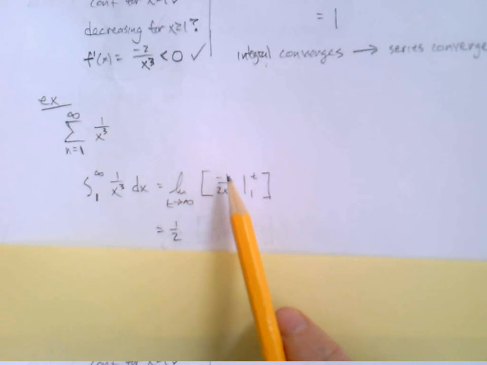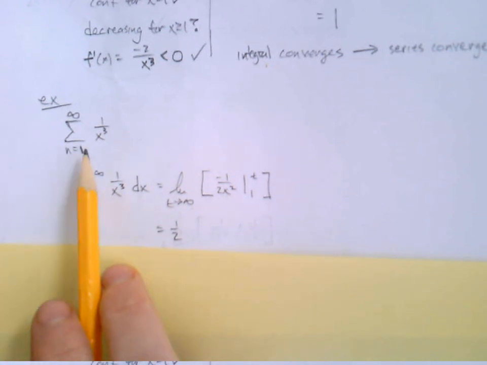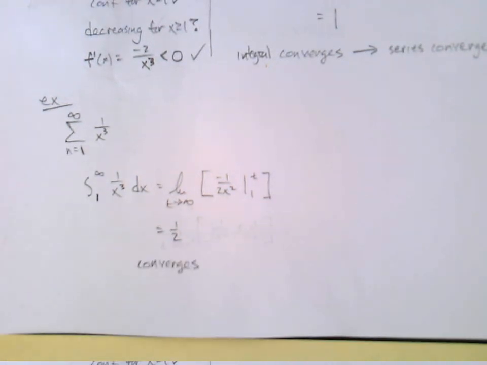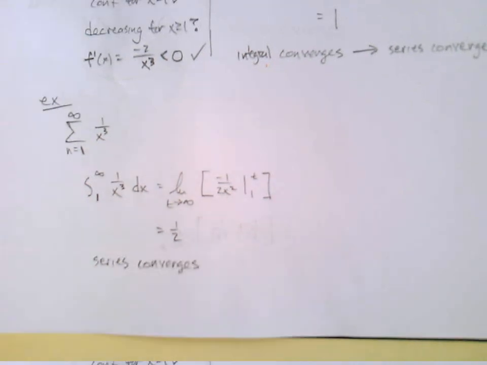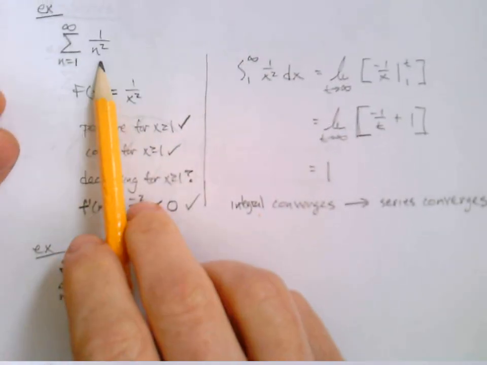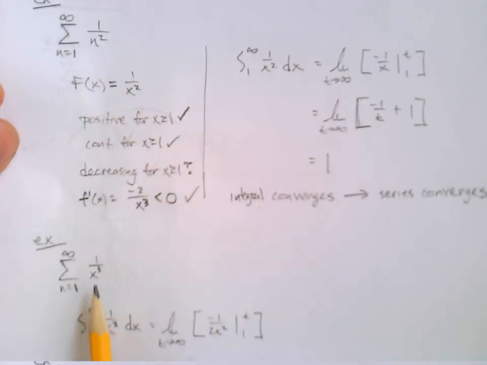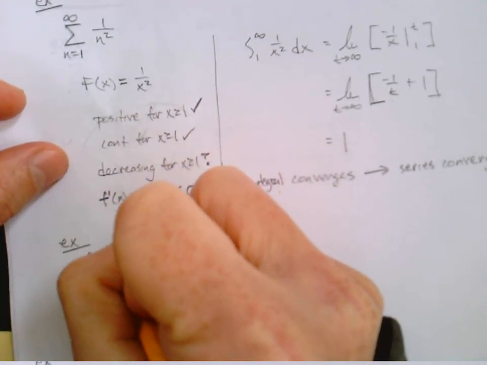Plugging in the 1 and subtracting will give us an answer for our integral of positive 1/2. And so that integral converges, and so the series converges as well. So we showed it for 1 over n squared, starting n equals 1. We showed it for, oh my goodness, look at that. That was supposed to be an n.